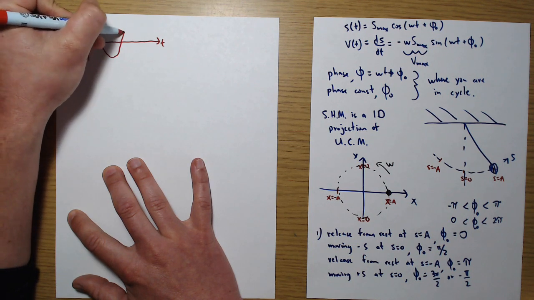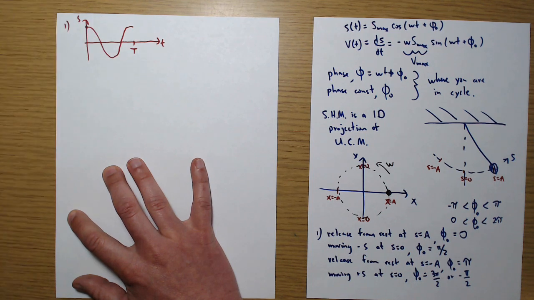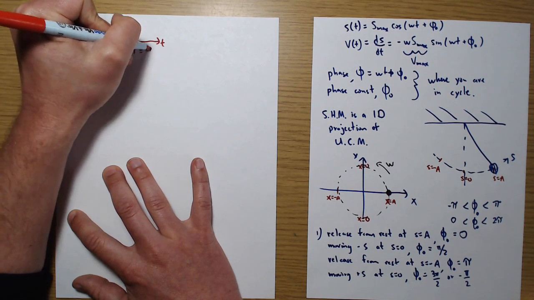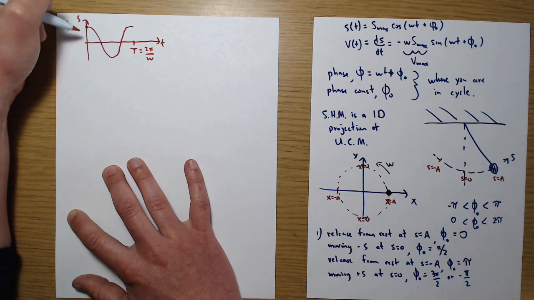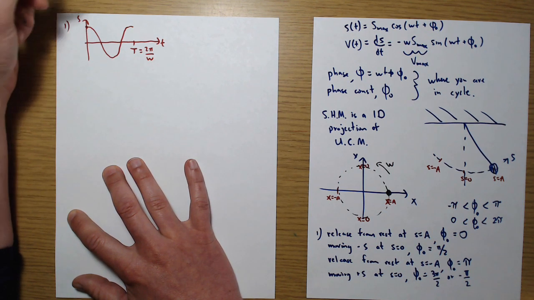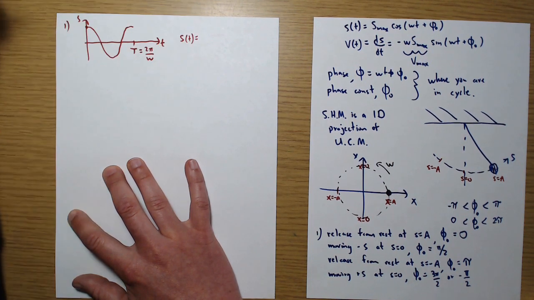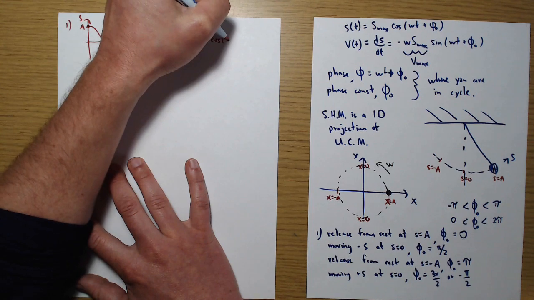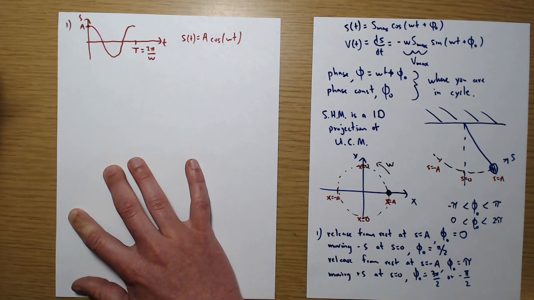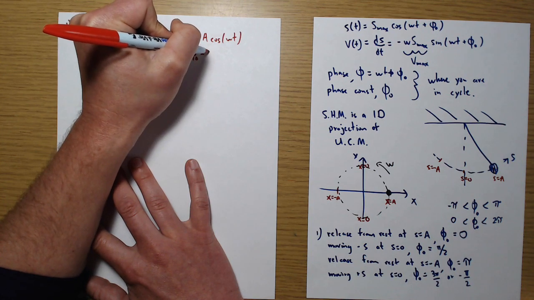This would be once I've reached one complete period, and that's related to the angular frequency as follows. So the equation here for s as a function of time is going to be whatever its amplitude is. We'll call it a that it starts with. So it's equal to a cosine omega t. Right, the phase constant, phi naught, is equal to 0.